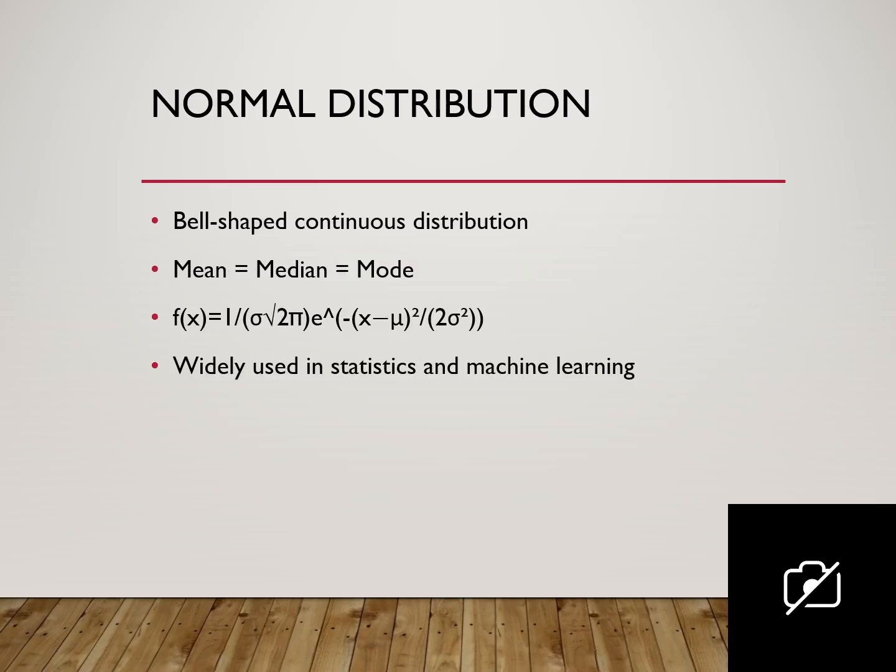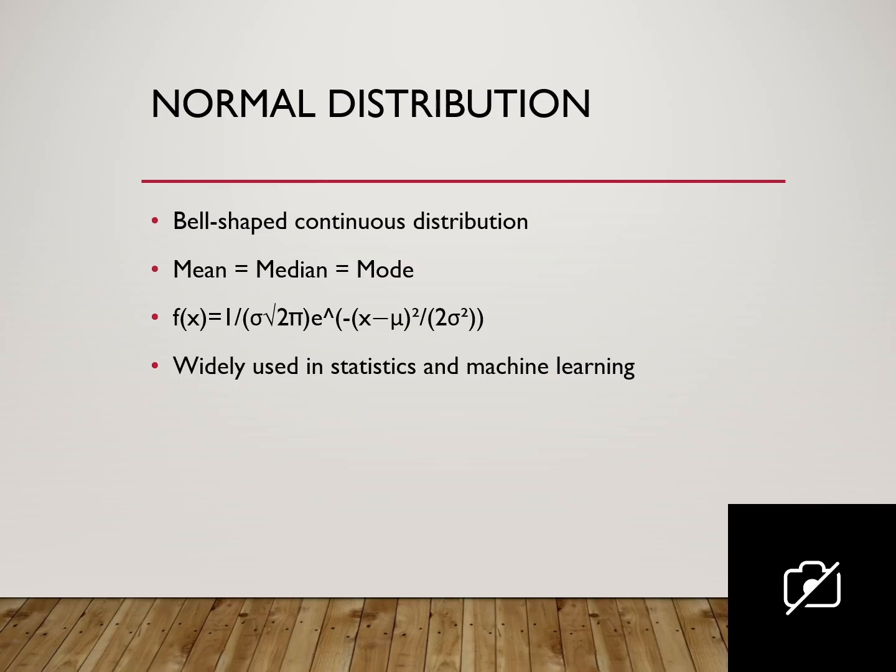Now let us study the normal distribution. It is one of the most important continuous probability distributions. It is represented by a bell-shaped curve. The key property is mean equals median equals mode. For a normal distribution, the mean has to be equal to the median, which is equal to the mode. If the mean is lesser, then it is negatively skewed.